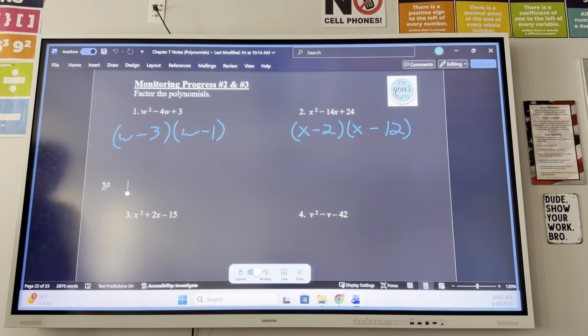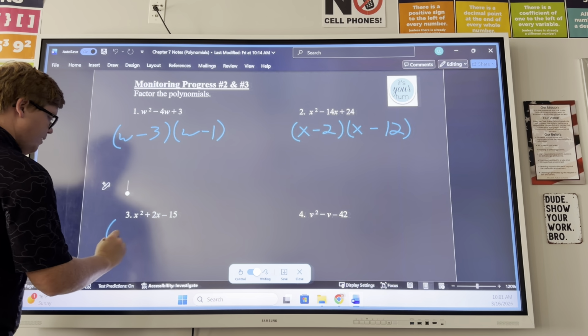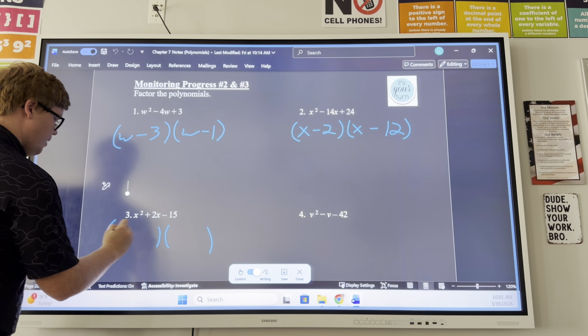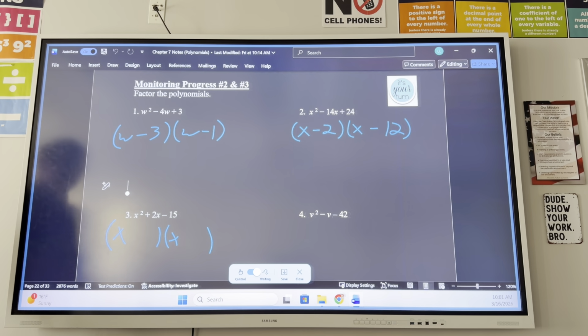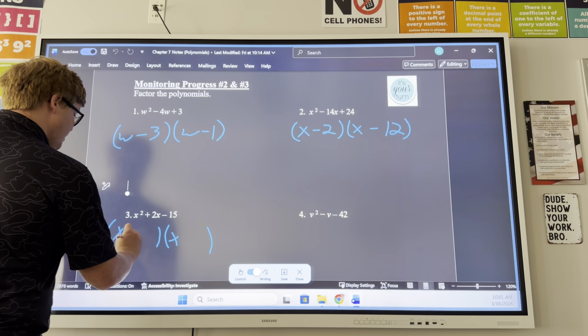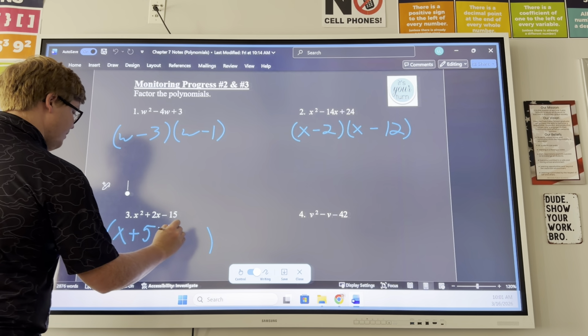Okay, we look down here at 3. We know we have our x and our x. 15 only has 4 factors, 1 and 15, and 3 and 5. We know 3 and 5 can get us 2, but it needs to be a positive 2, so that tells me we need to have a positive 5 and a negative 3.